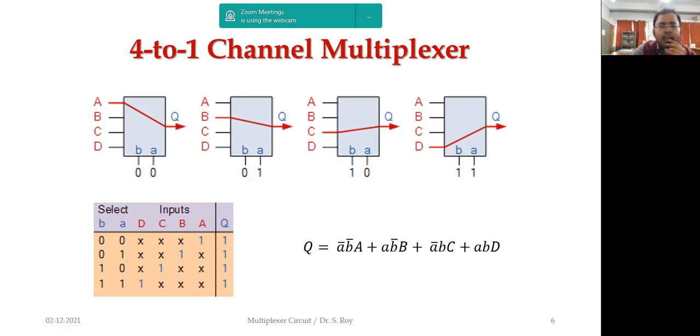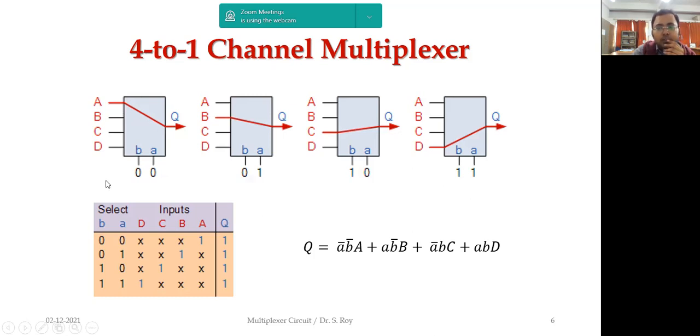Now, as I told, the select line defines which input is connected to the output at a particular time. In the first diagram, we observe that whenever both select lines, small a and small b, are 0 and 0, the capital A, the first input, is connected to the output.